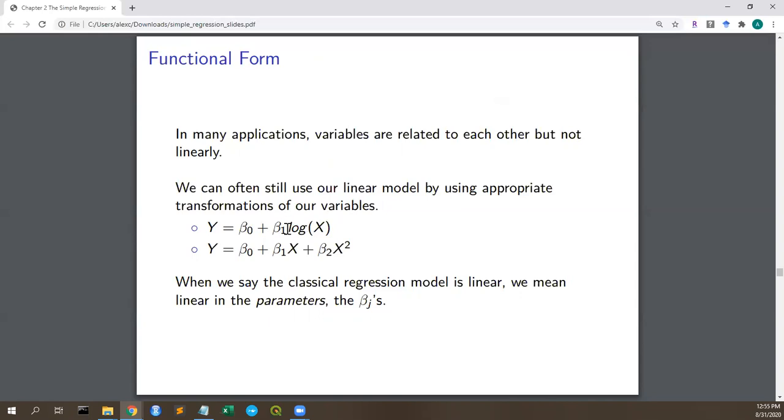Rather, I can do whatever I want to x. I can say beta 0 plus beta 1 times the log of x. I can make it regular x. Or here I've made it a quadratic. I can make it a constant term or an intercept term, plus x regular, and I can do a multivariable equation where I have now x squared. Again, in classical linear regression, when the model is linear, we mean the parameters are linear. The parameters are just multiplying a variable.